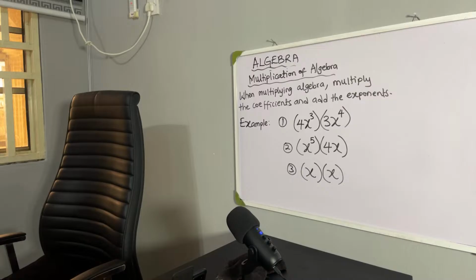So I'm not saying it very clearly. The first one is 3x raised to the power 4, and the second is 4x raised to the power 3. Can you see better? Yes, I can. Thank you.